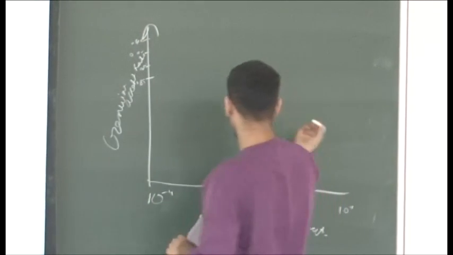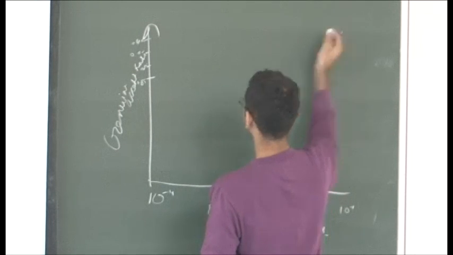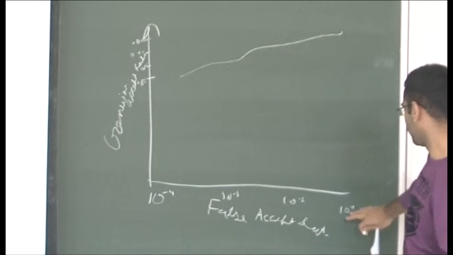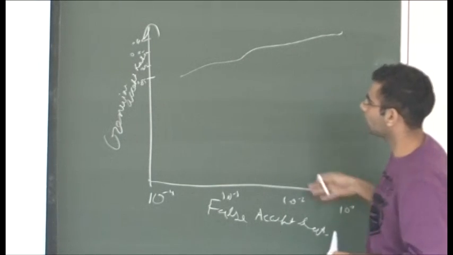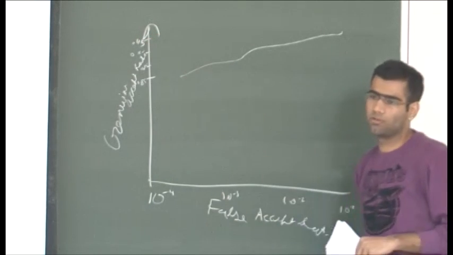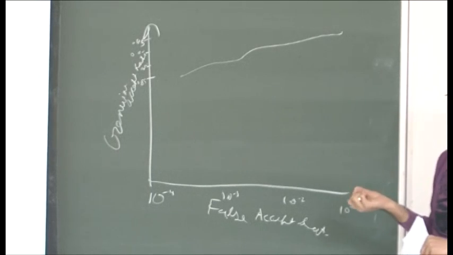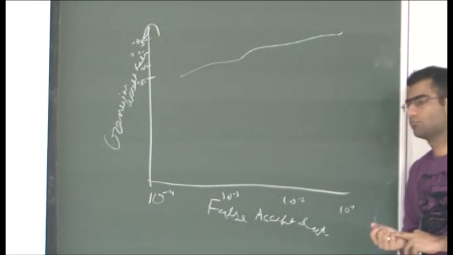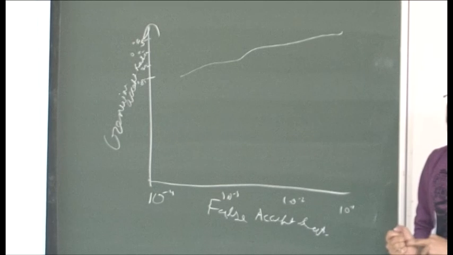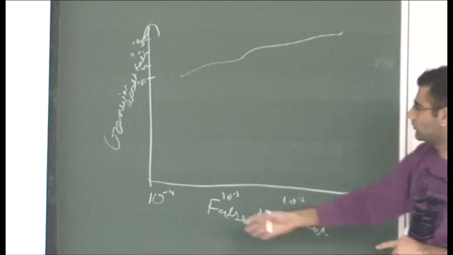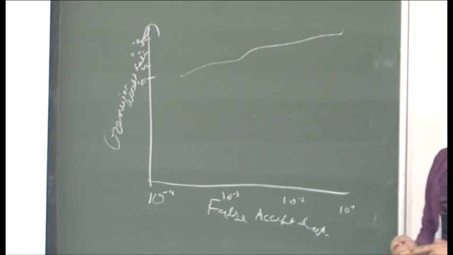For the functional transformation, the expected result should be around something like this curve. For a false acceptance rate of 10%, the general expected rate should be around 0.9%, a little less than that. So this is the ROC part. Not ROC? This is genuine, and is this an ROC curve? Sure.